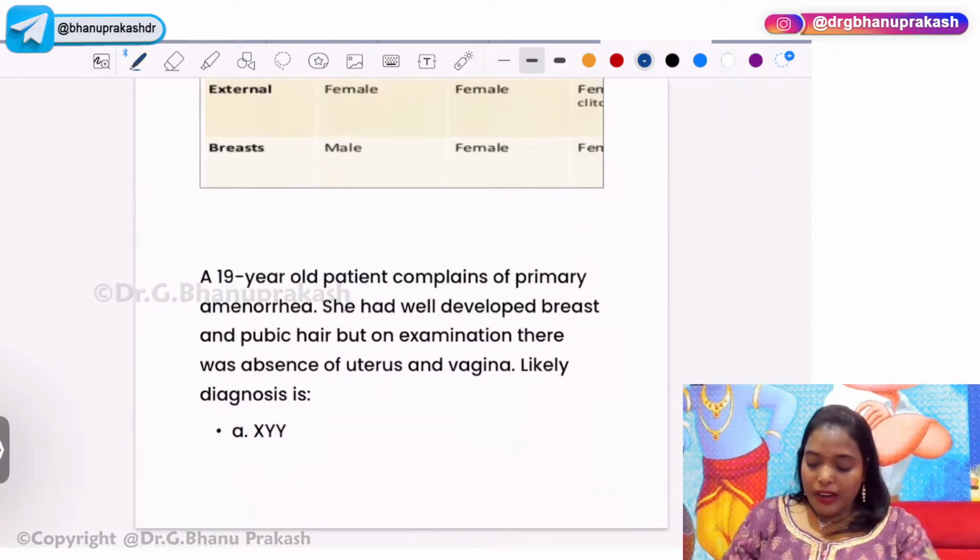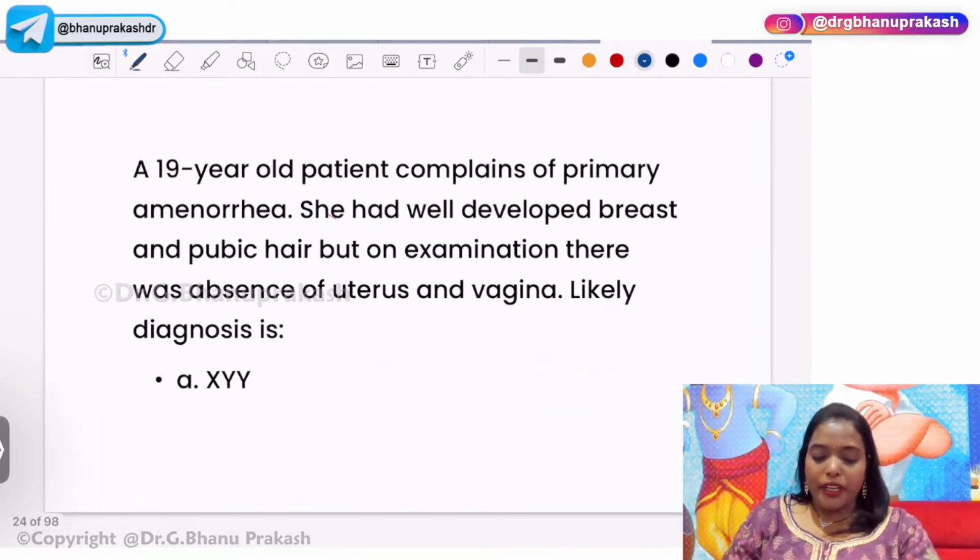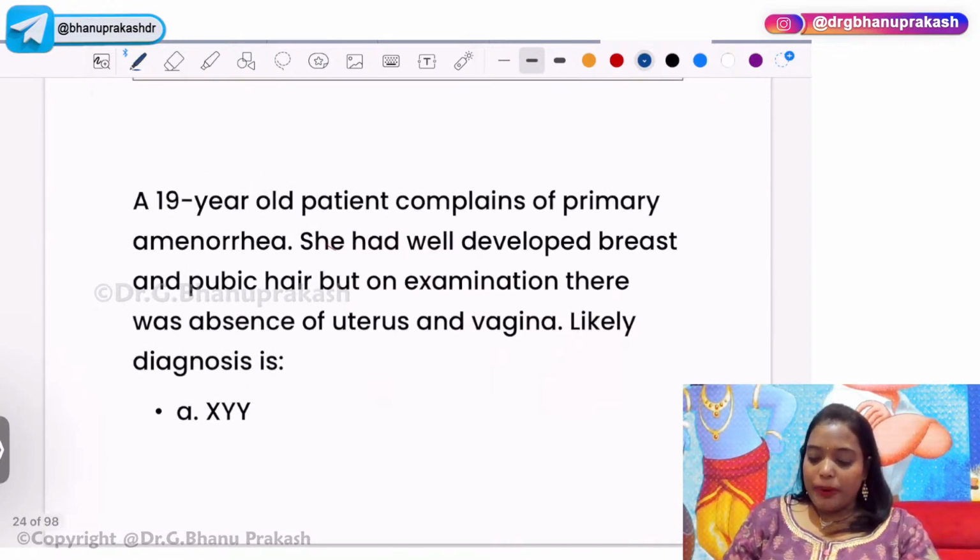So coming to the one question we'll solve. A 19-year-old patient complains of primary amenorrhea. She has well-developed breasts and pubic hair. But on examination, there was absence of uterus and vagina. Likely diagnosis is?